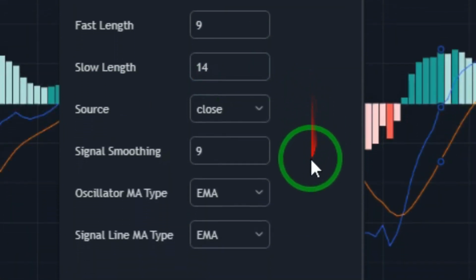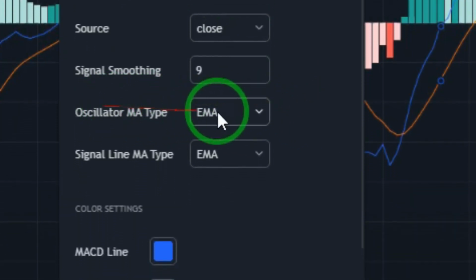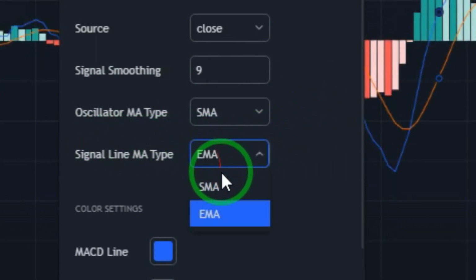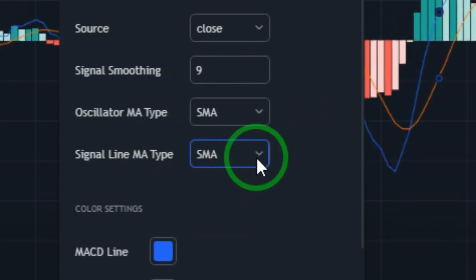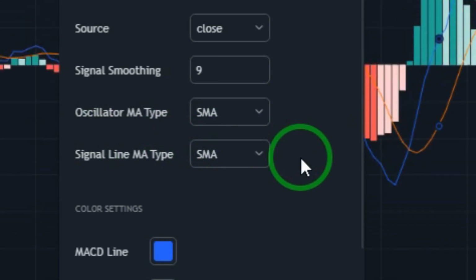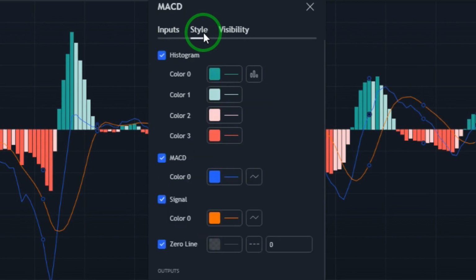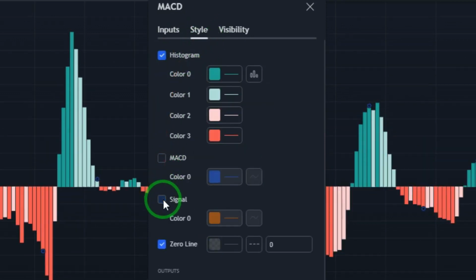Then we'll change the oscillator MA type and signal MA type to SMA. Within the Style tab, we'll require the histogram and zero line options, so we can disable the other choices. We'll also change color 0 to green and color 3 to red.